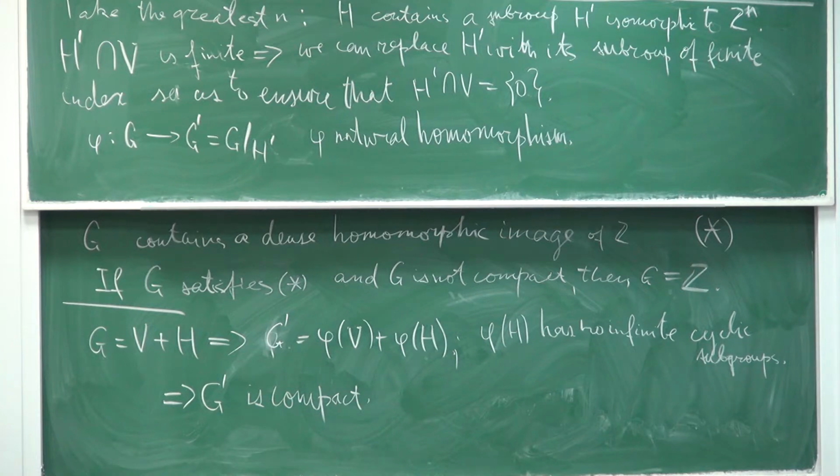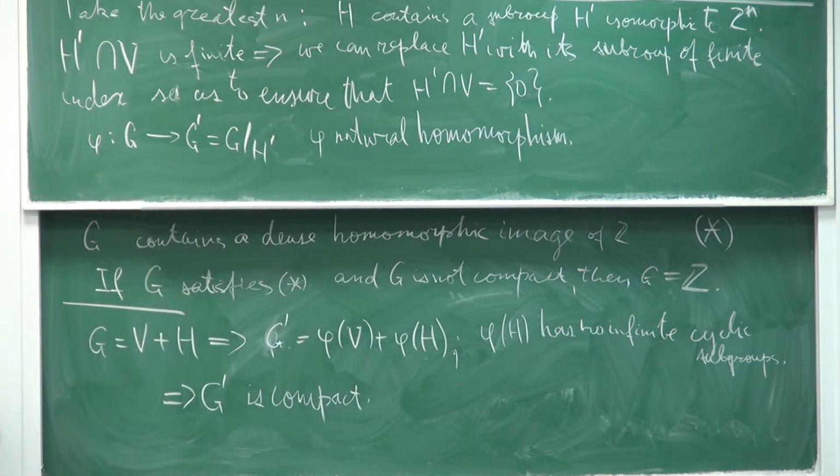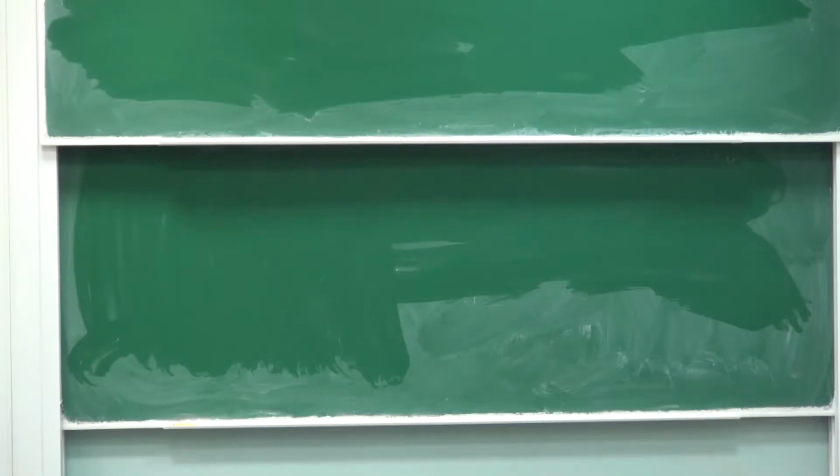Now I need two more auxiliary statements, which are probably a bit less involved. And after I prove them, I can pass directly to the structure theorem. So the next lemma tells us the following.